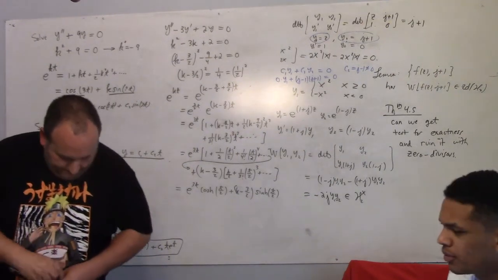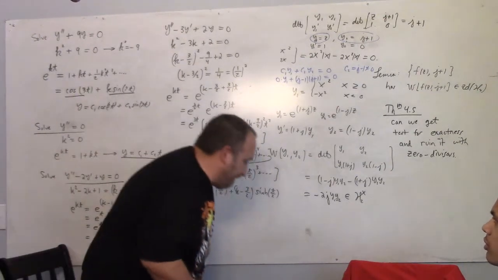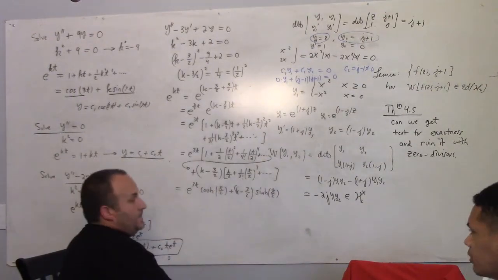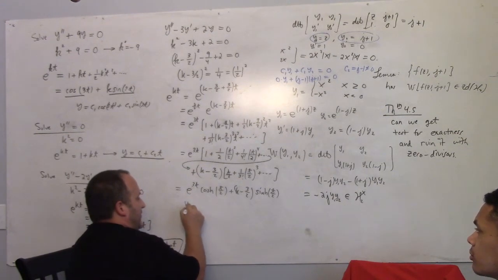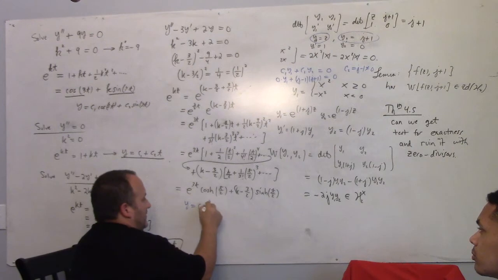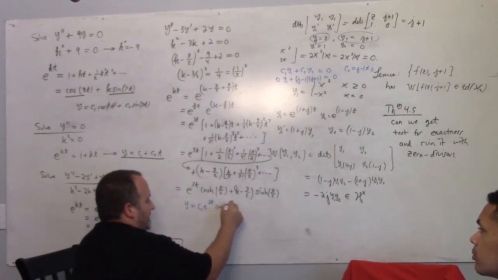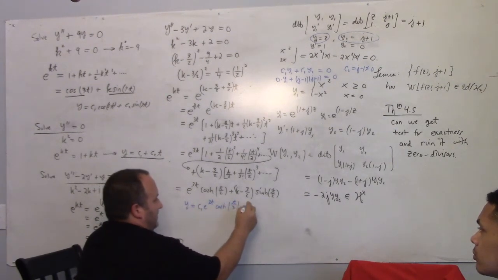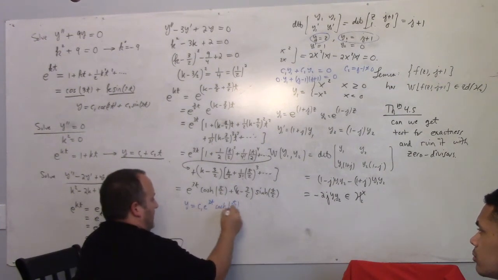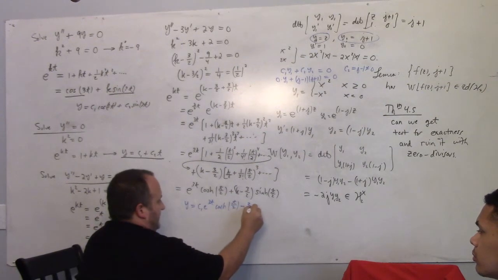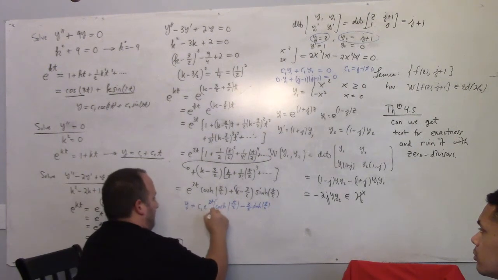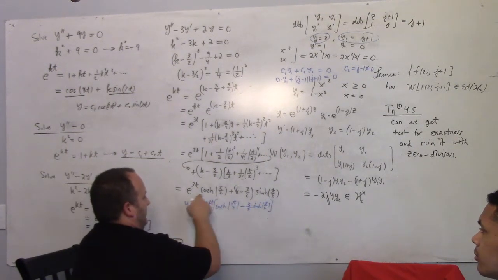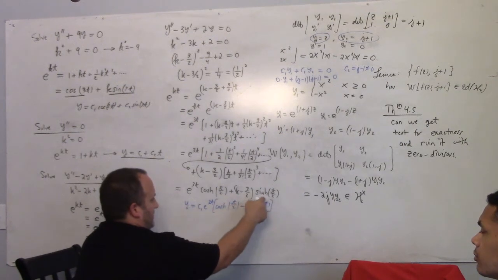So our solution is y equals c1 e to the 3t cosh t over 2 minus 3/2 sinh t over 2, right? That's from this one and this one.